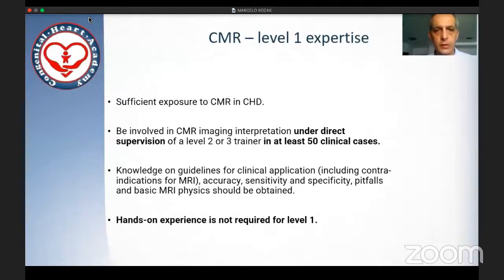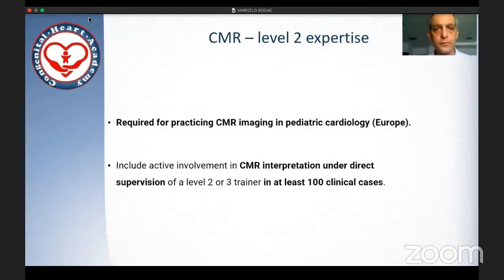The level 1 expertise has to have seen at least 50 clinical cases under direct supervision, but hands-on experience is not required. The level 2 expertise is the level required for practicing CMR imaging in pediatric cardiology in Europe.